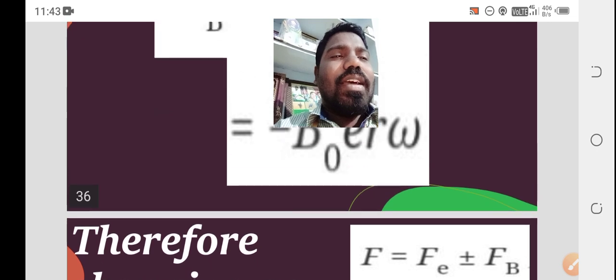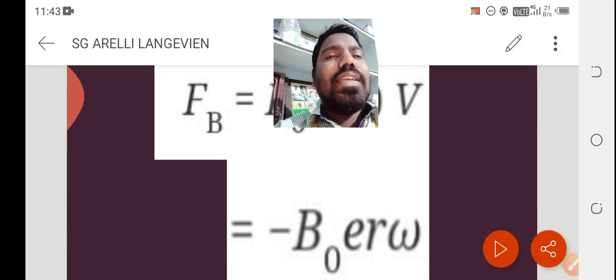Therefore, you replace the values of FB and FE in equation 2. What is equation 2? F equal to Fe plus or minus Fb.